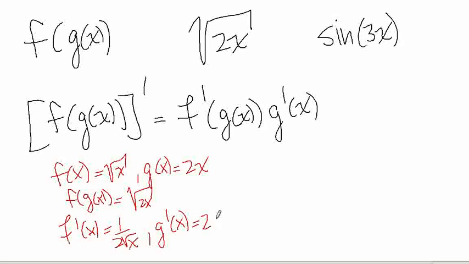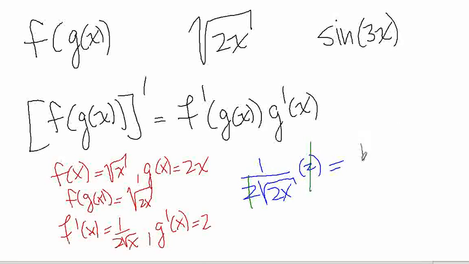And all of that is to get us ready to plug into the chain rule formula. So f prime of g of x, so that means 1 over 2 square root, and now I'm going to plug in g. The g is 2x, so that's what's going to go in underneath the square root. And then g prime of x, well, that's just 2. So there you have it. Now you can simplify.